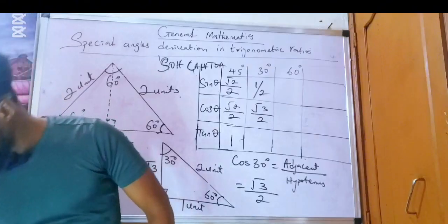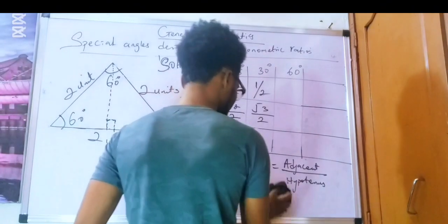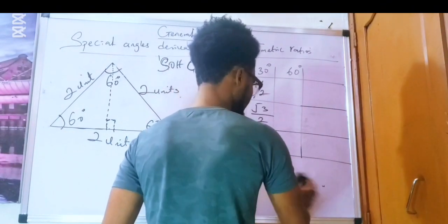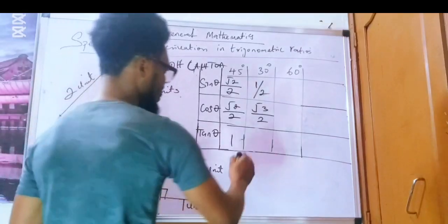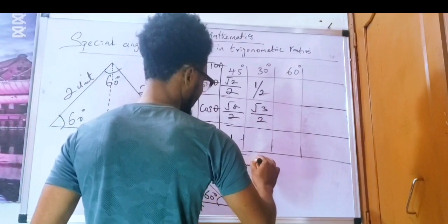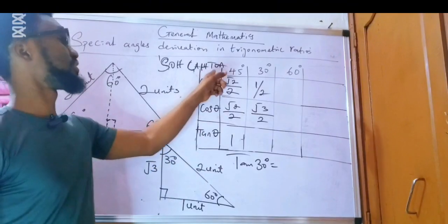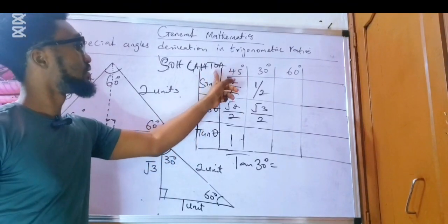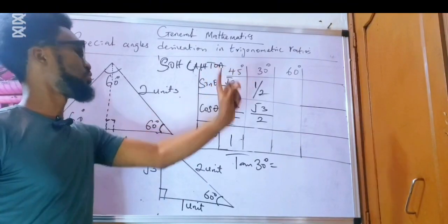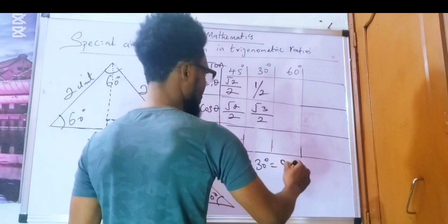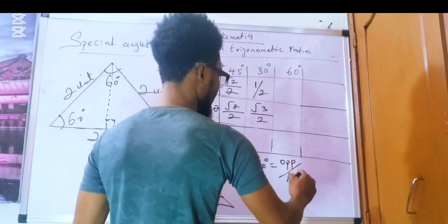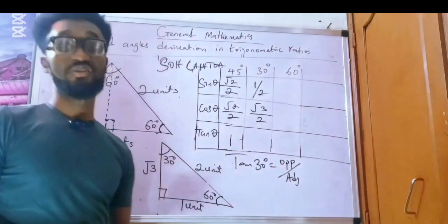So having gotten cos 30 degrees, we'll consider the tangent of 30 degrees. So what is the tangent of 30 degrees? We also consider this function here. Tan is equal to what? Opposite all over adjacent. That is tan 30 degrees.